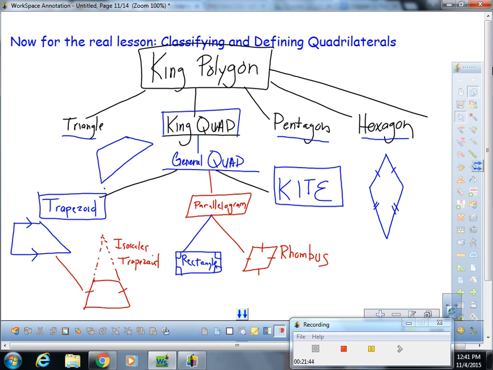But Rectangle and Rhombus were like 16, and they were too cool for that. They were like, come on, Mom, I don't want to go on another stupid vacation. So Parallelogram convinced King Quad, General Quad, that they could stay at home in Kentucky while the rest of them went to spread the word to the rest of the world about the beauty of the parallelogram family.